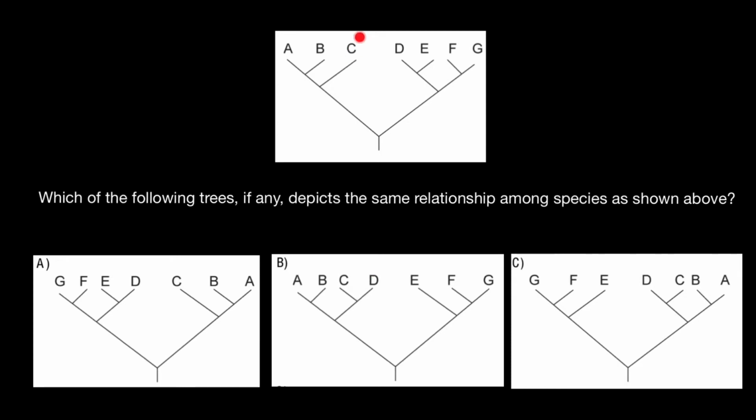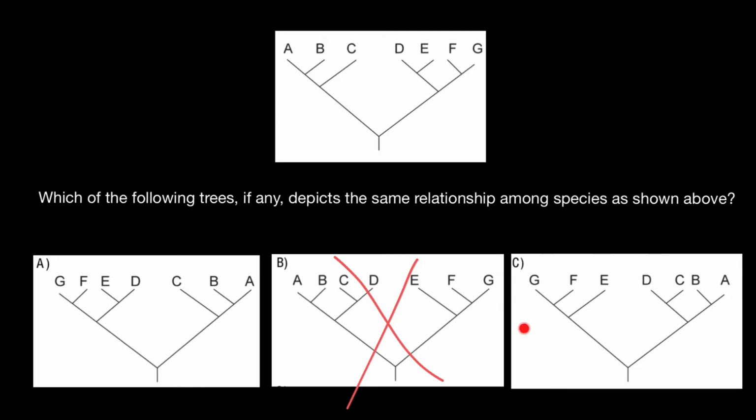Here we see that species C and D are on different branches and do not share a recent common ancestor, and are not sister species like depicted here. So this is the wrong variant.